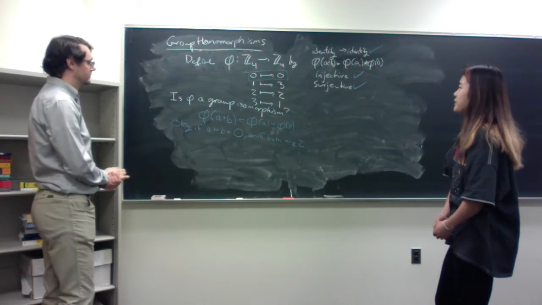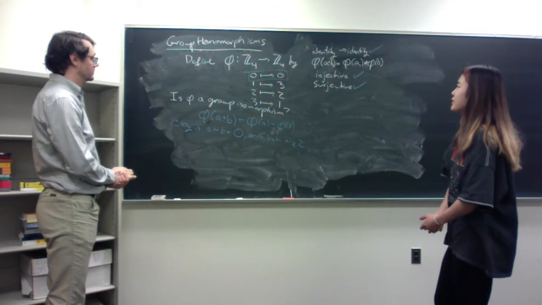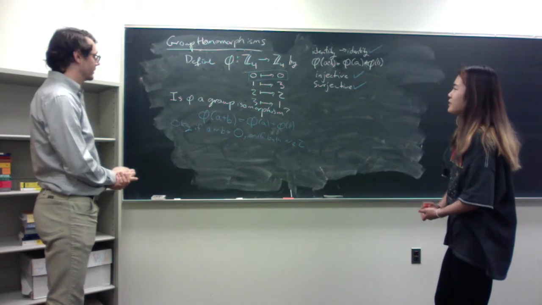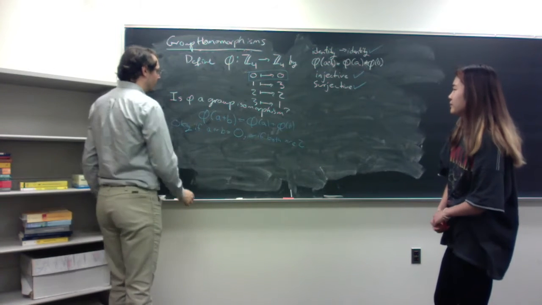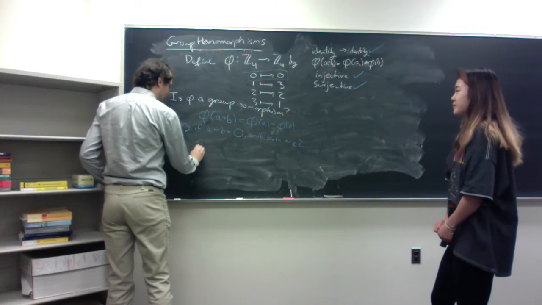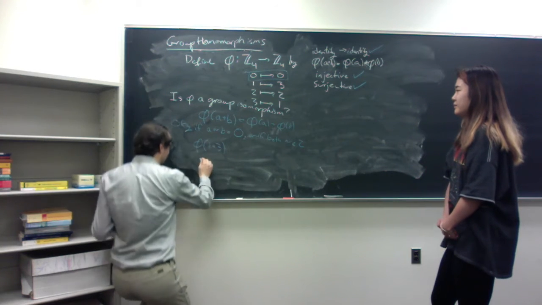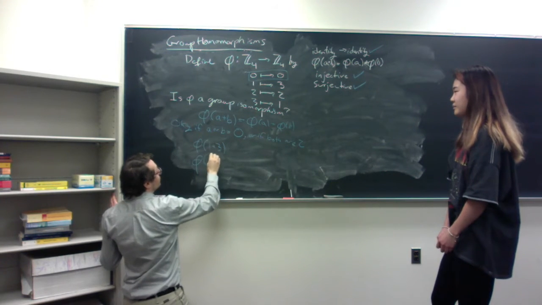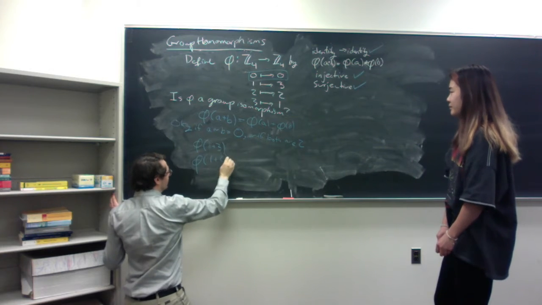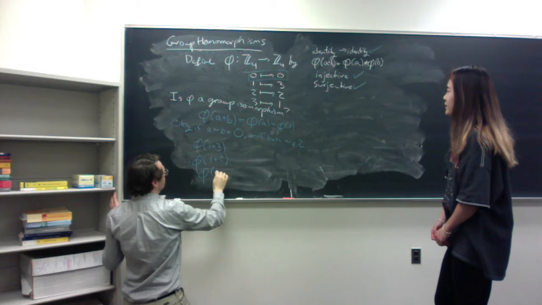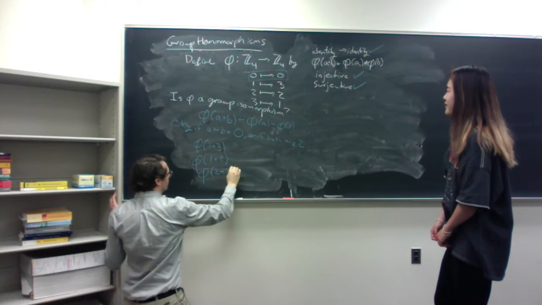So basically we just need to check the cases where at least one of A and B is 1 or 3. Okay, so we need to check what happens to 1 plus 3. We need to check 1 plus 2. And we need to check 2 plus 3. Is that all?